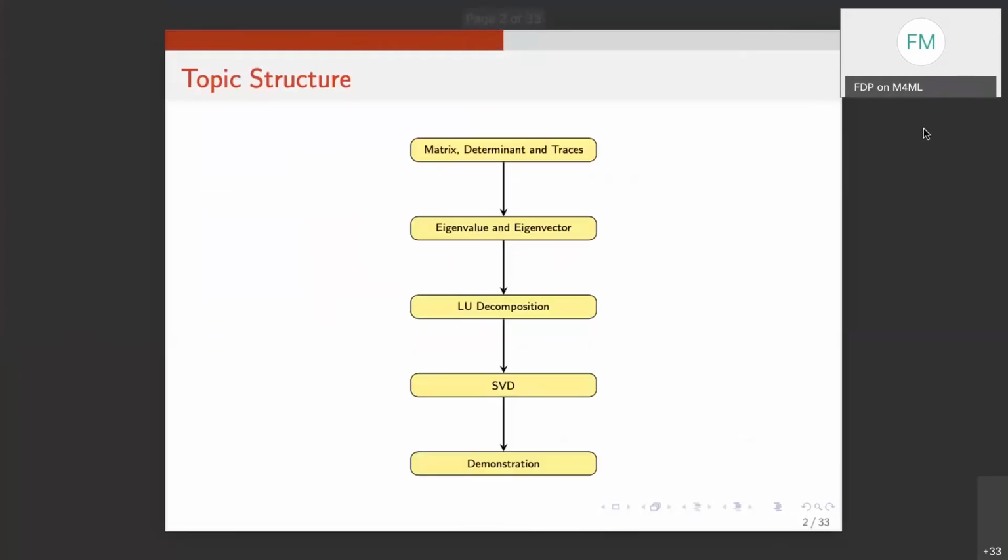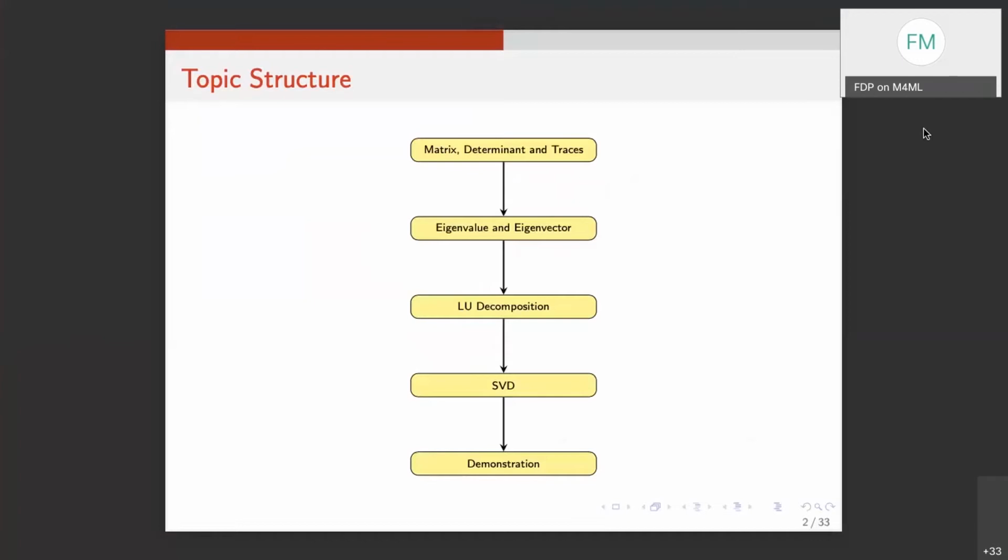So the topic structure is like this. Initially, I'll start with the basics of matrix. We have to find the determinant and the trace. Then we'll shift into finding the eigenvalue and eigenvector, and understand what eigenvalues and eigenvectors are.